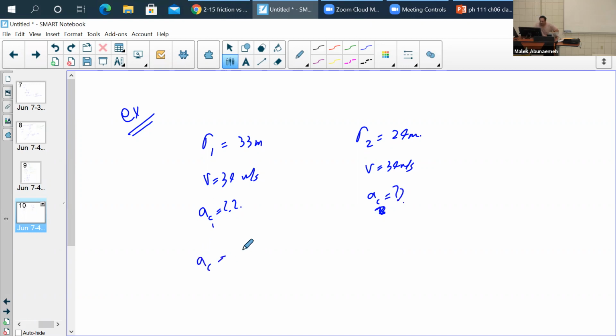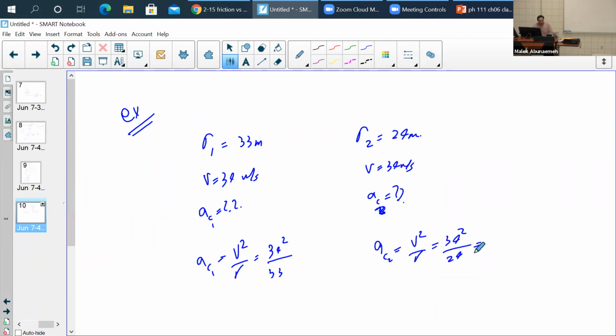So a_c for the first one is going to equal v squared over r, which is 34 squared over 33. And a_c2 is going to equal v squared over r, which is 34 squared divided by 24.